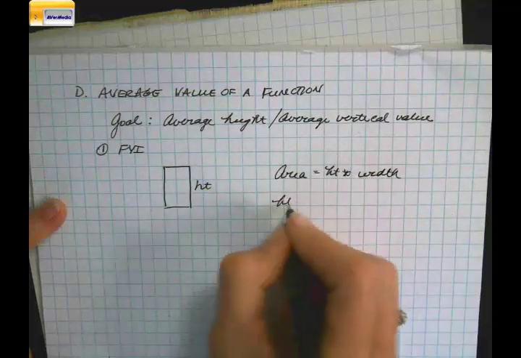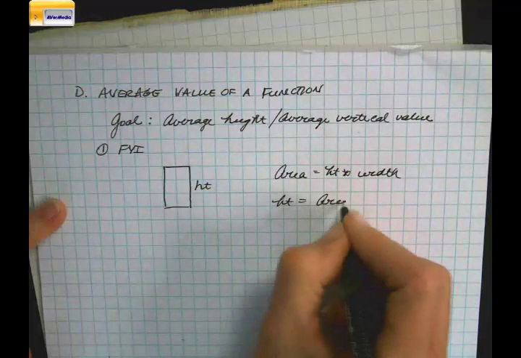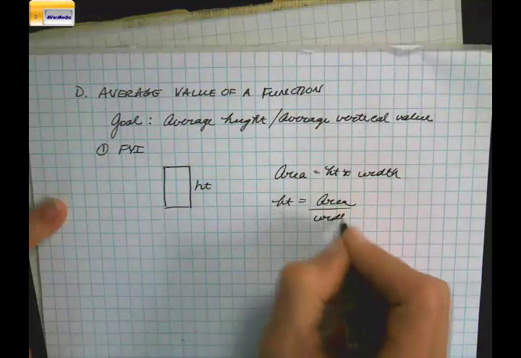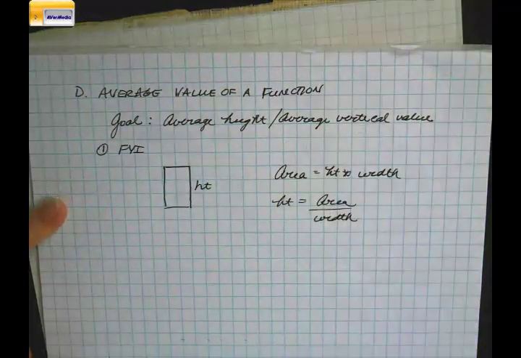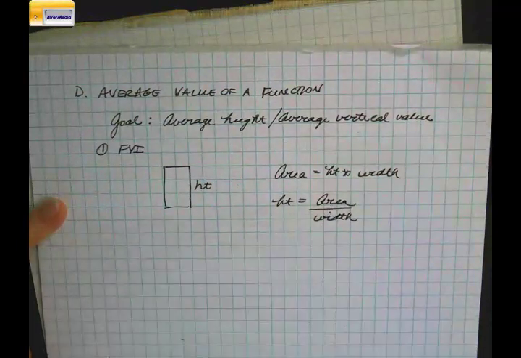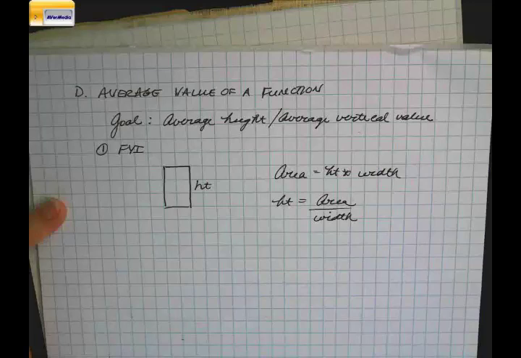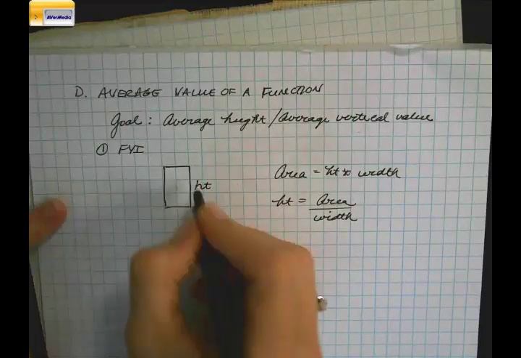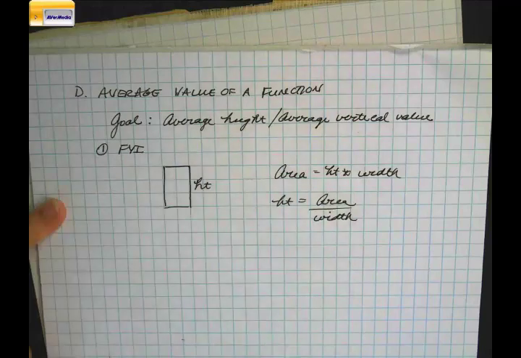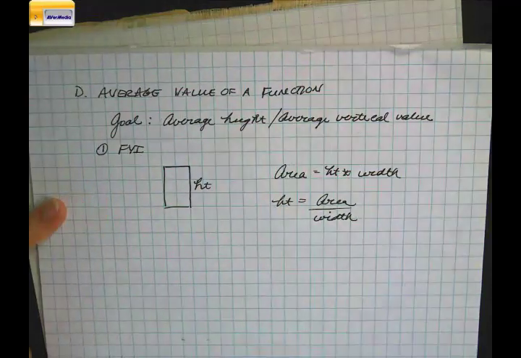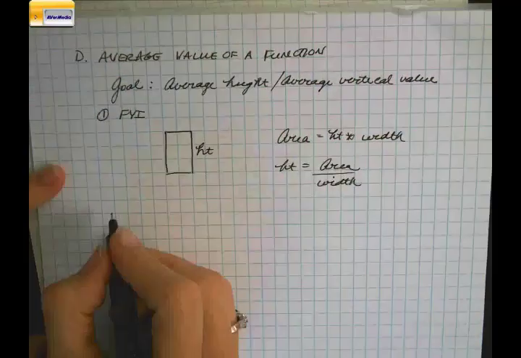So if you want to know height, you're going to take the area of the rectangles and divide by the width. Okay, so don't confuse. This is a very simple concept. The area divided by the width will tell you the height, which is what you're wanting to know, the average height of all the rectangles under the curve, which is the average height of the curve itself.